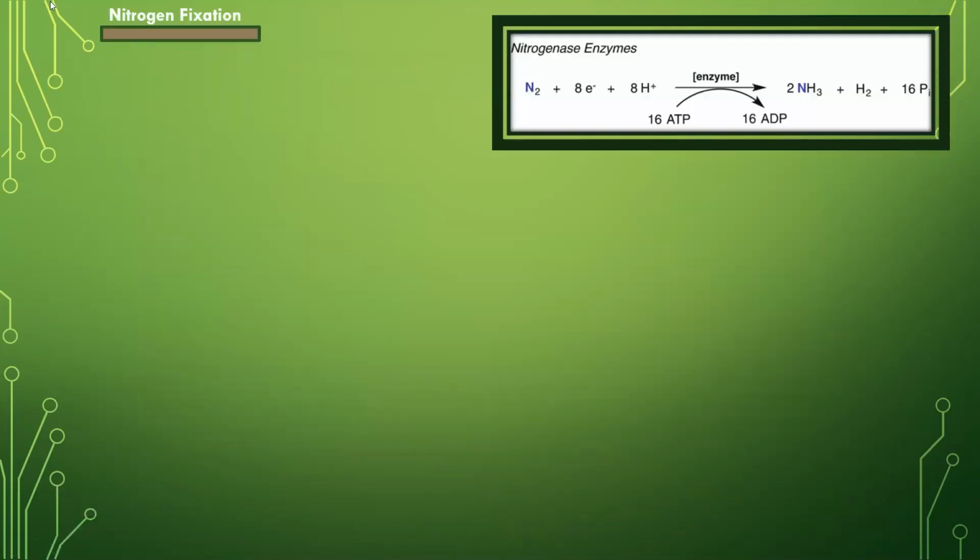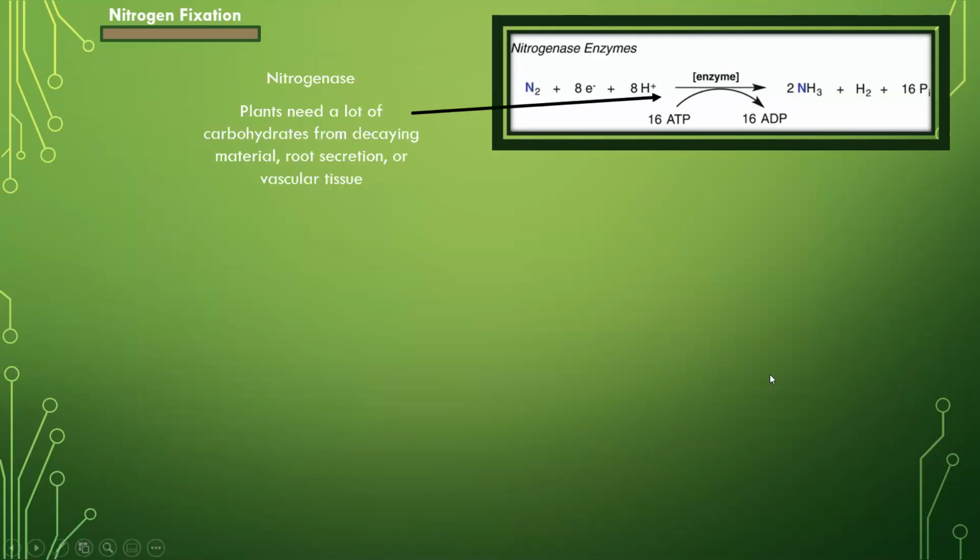And so for nitrogen fixation, you have nitrogenase. Plants need a lot of carbohydrates from decaying materials and root secretions and such. But you have nitrogenase, which is an enzyme that breaks down nitrogen.